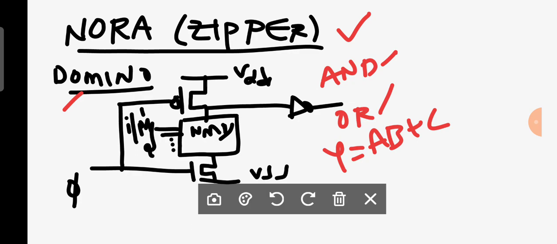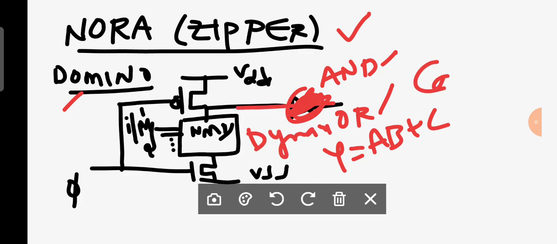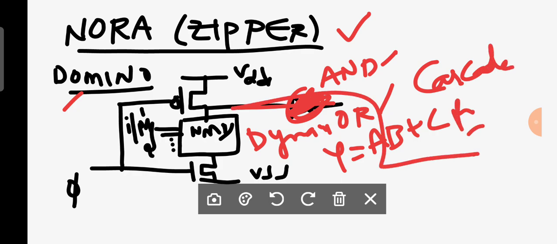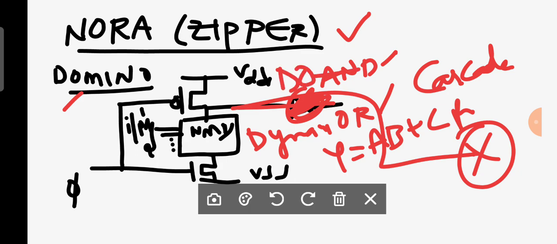Is it clear? Why? Because we know that if there is no inverter, then it becomes which logic? Dynamic logic. If it is a dynamic logic, what is the problem we are having? Cascade problem. Why? Because this is going to be activated to the other stage. Therefore we are keeping an inverter. Because of this inverter the other stage is not going to be activated.